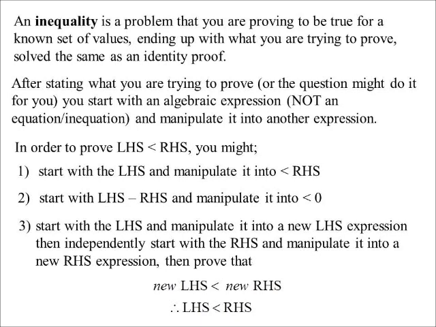So therefore, logically, what I started with must also be. So that's an alternative way of doing it. Right, so you'll come up with a new left-hand side is less than a new right-hand side. So from that you can logically conclude then, oh okay, well then the original left-hand side must have been less than the original right-hand side.